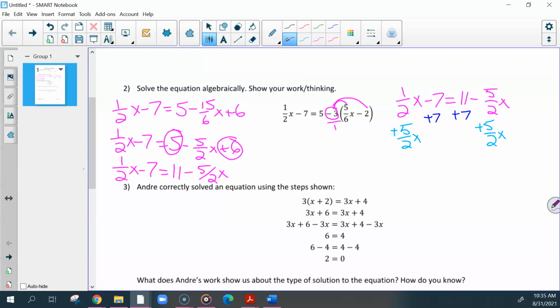So here, I'm adding two fractions with the same denominator, which means I can combine them to get 6. The denominator wouldn't change, it would just be 6 over 2.